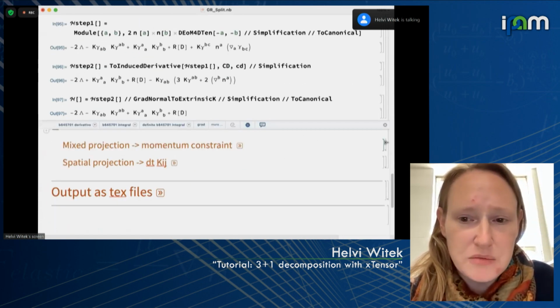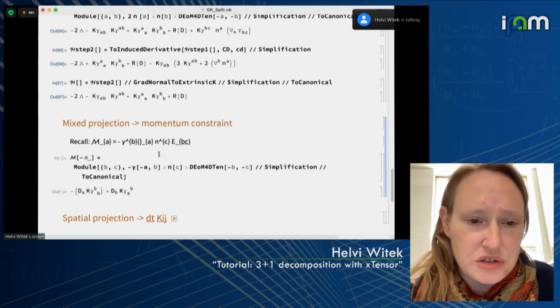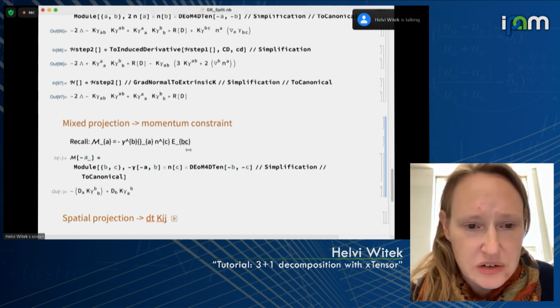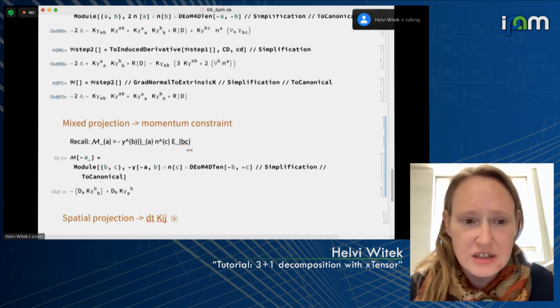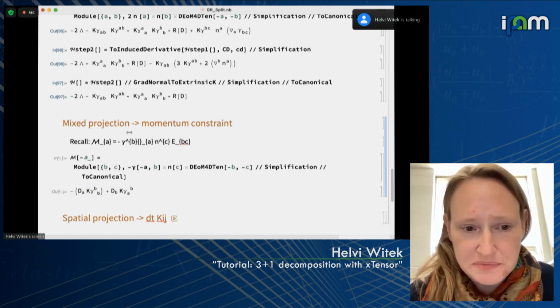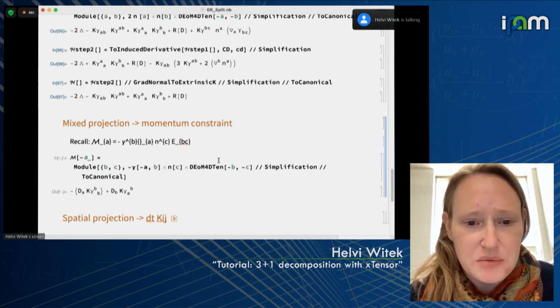Now to get the momentum constraint, we want to contract one of the indices of our field equations with a normal vector, and we want to project the other index with our projection operator or induced metric. And that's precisely what I'm doing here.